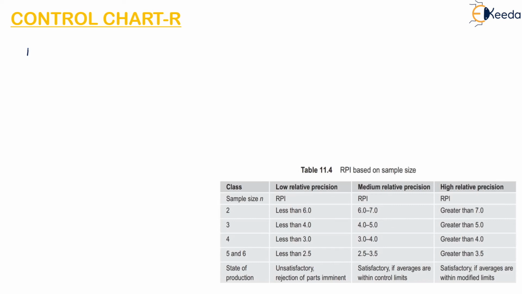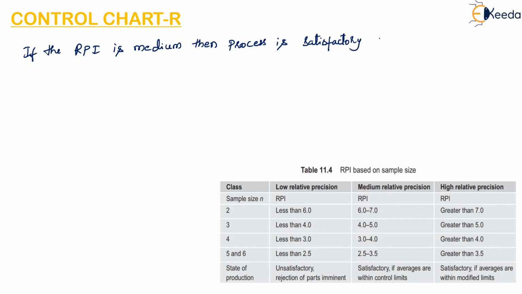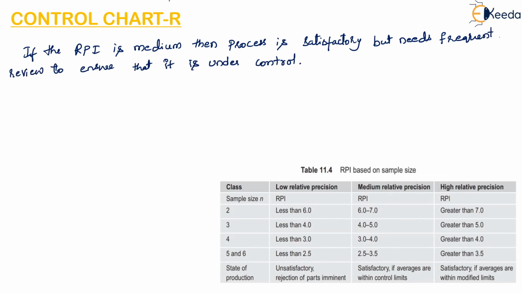If the RPI is medium, then the process is satisfactory but needs frequent review to ensure that it is under control. High, then a drift can be allowed to take place before the setting is adjusted.